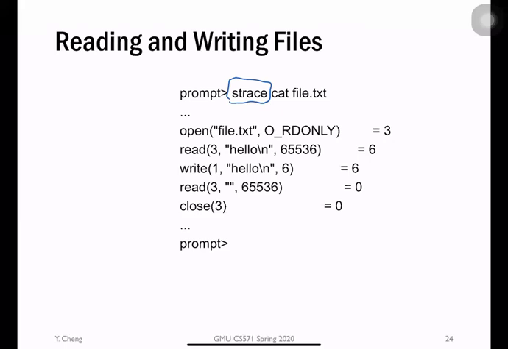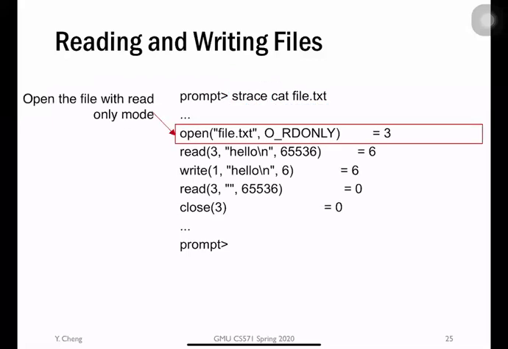The activity in this case is cat file.txt, which displays the data stored under file.txt, a plain text file that stores a string of hello. Under the hood, it involves the following system calls.